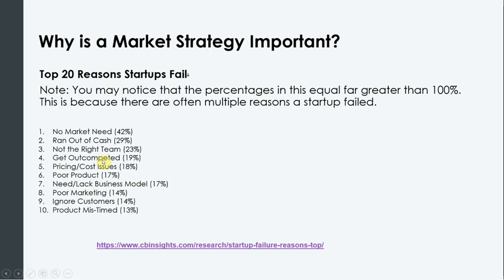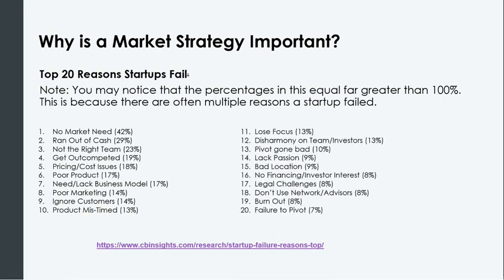Get outcompeted. Pricing and cost issues. You cannot set the price, and even you cannot align the price and the cost. Poor product. Sometimes providing products with different quality or poor quality. Lack of a business model. Poor marketing. Ignore customers. Product mistimed and lost focus.